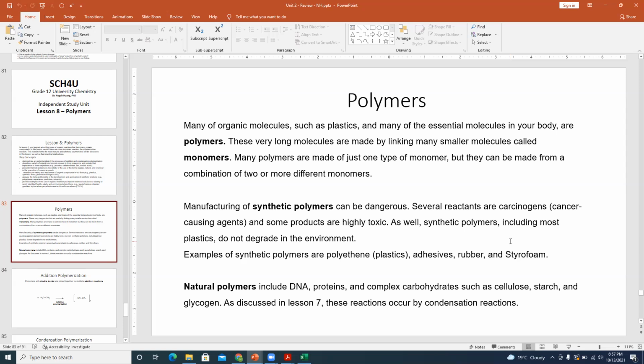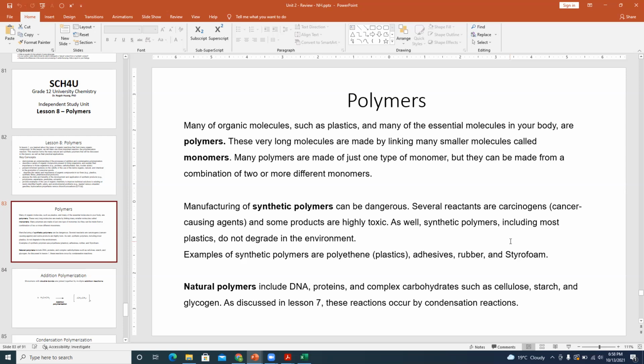And these smaller molecules are called monomers. Mono means one, so the single unit is called the monomer. And when you join many of these monomers together, you get polymers. Many polymers are made up of just one type of monomer, but you can also have polymers that are made up of a combination of 2 or more different monomers.